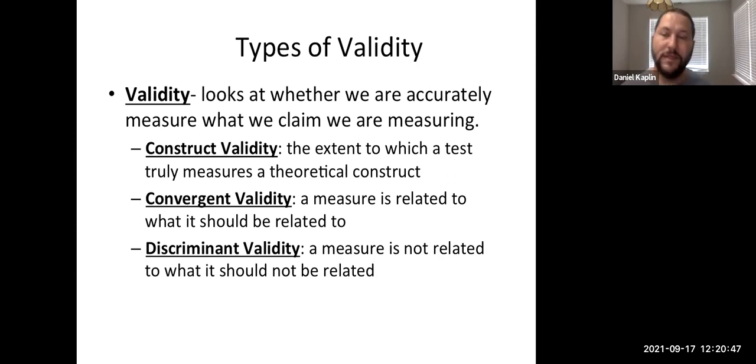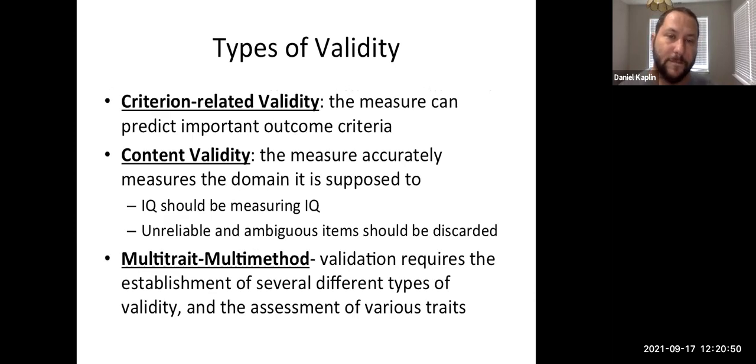Because they're different theoretical constructs. We also have criterion-oriented validity, which is wanting to be able to predict a given outcome. That would be criterion-oriented validity. Content validity, I described that as a measure of construct validity.